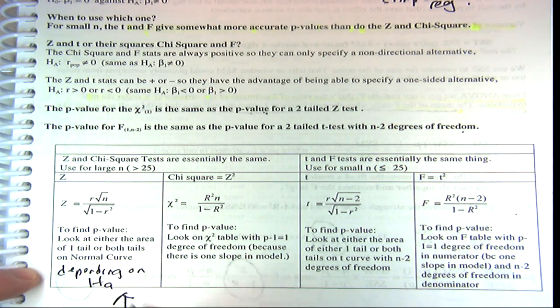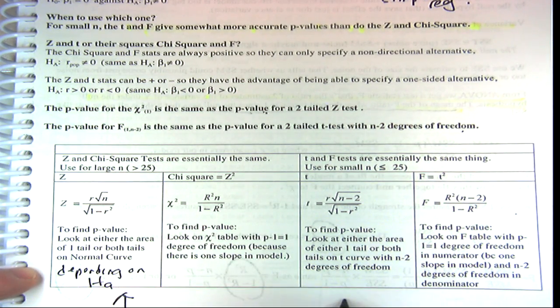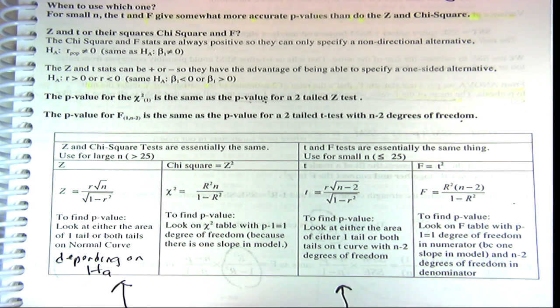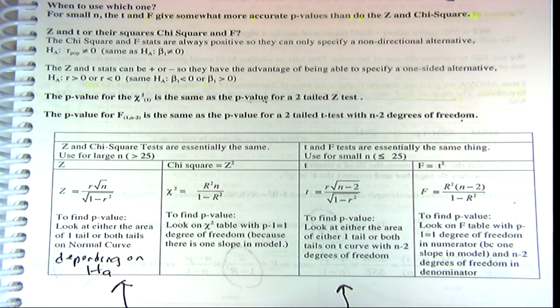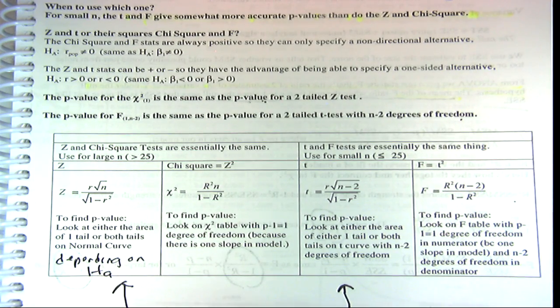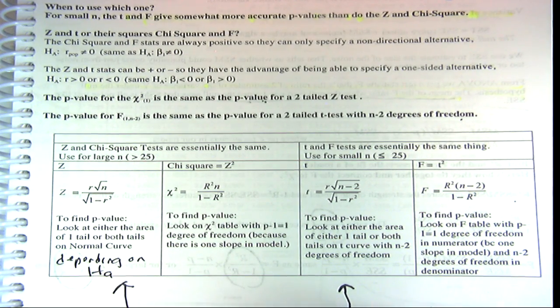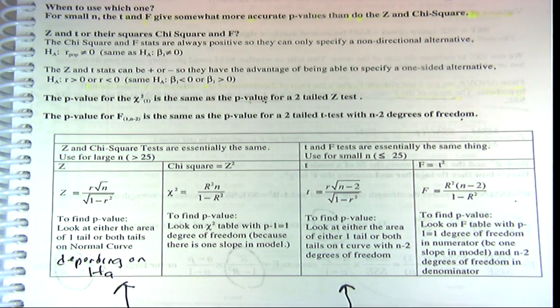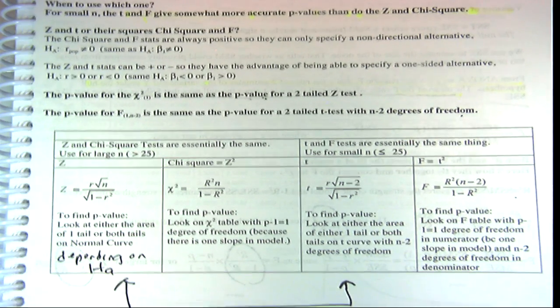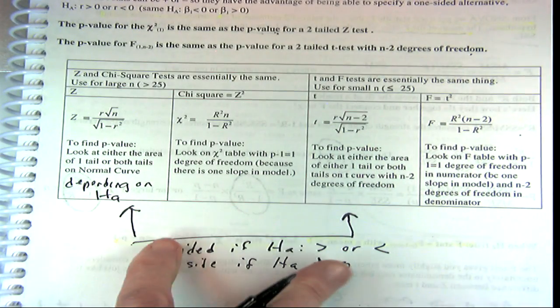For these two, you can use the one-sided if your alternative is greater than or less than, and two-sided if the alternative is not equal to 0.